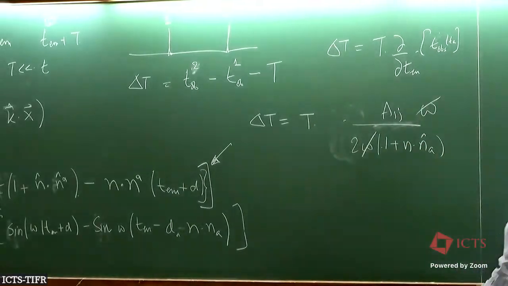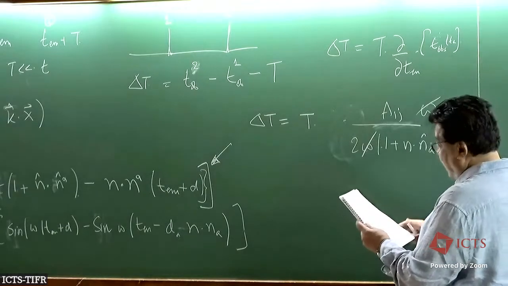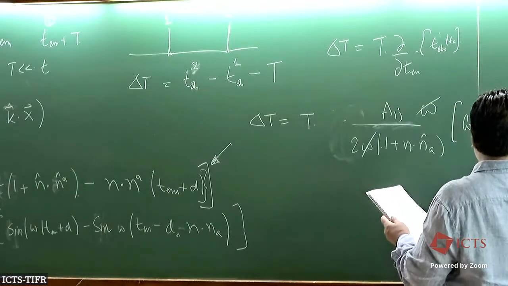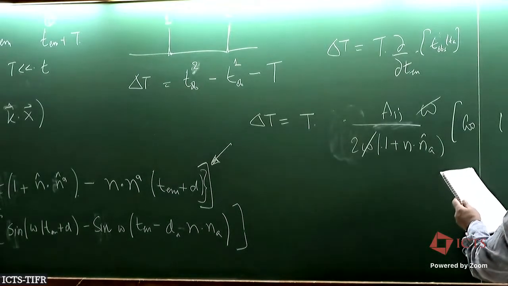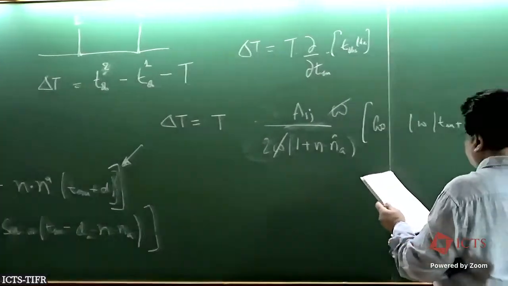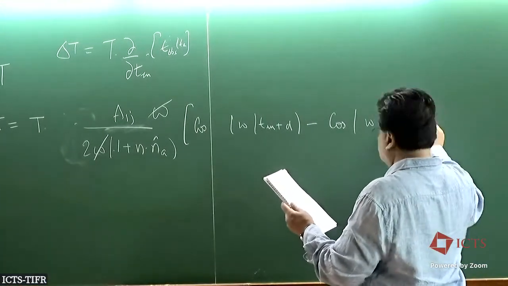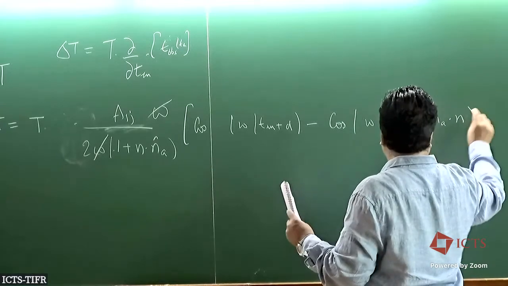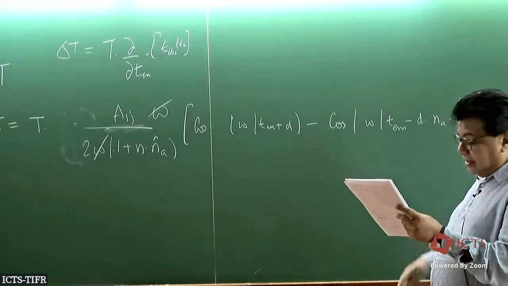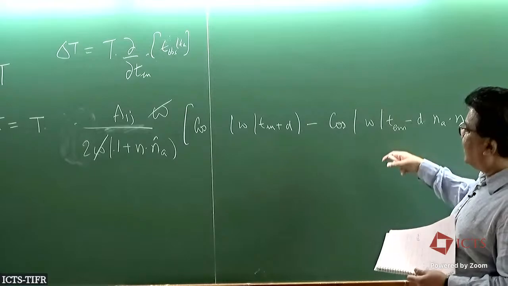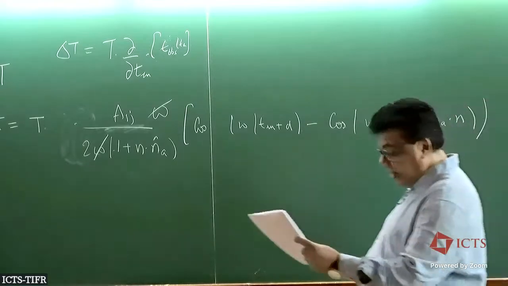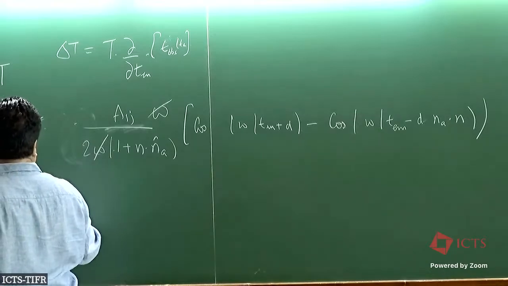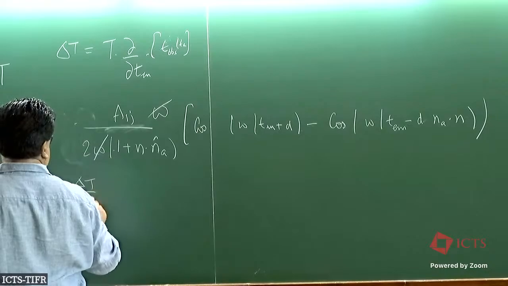And I'm back to this cosine: cosine of omega (T emission plus D) minus cosine of T. So if you now interpret this as a general form for the Hij, I call Za T to be delta T by T. So I take this down.